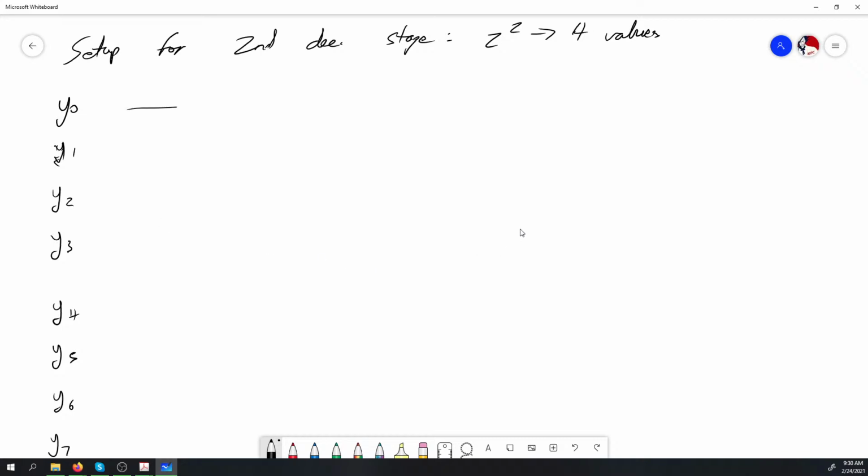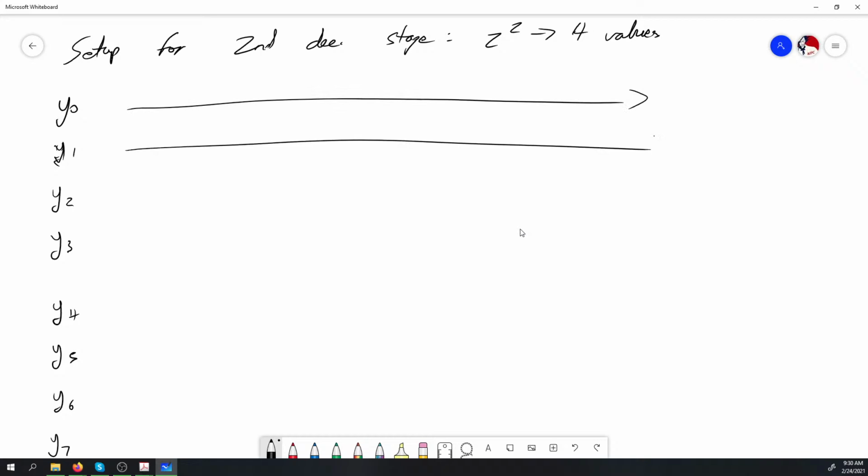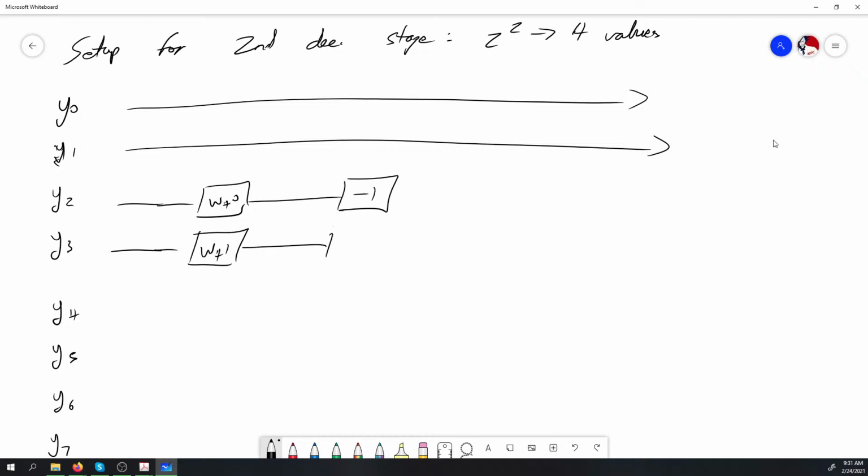So as a result, if we draw our lines here across accordingly, these first 2 values in this grouping of 4 will have no twiddle factors. The next 2 values here will have twiddle factors, which will go from W4, because 2 to the 2 means 4. So this here is going to be W4 of 0, this one here is going to be W4 of 1, and then you need to have your corresponding minus 1s here as such.